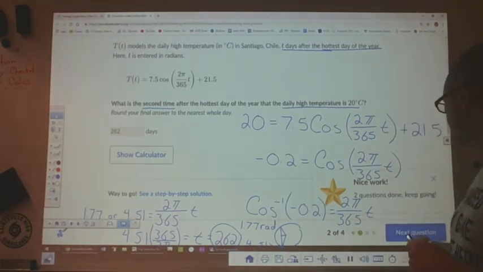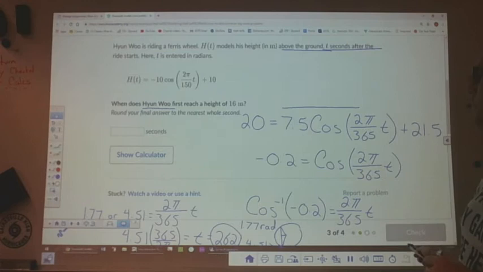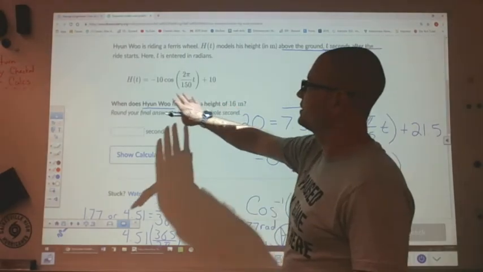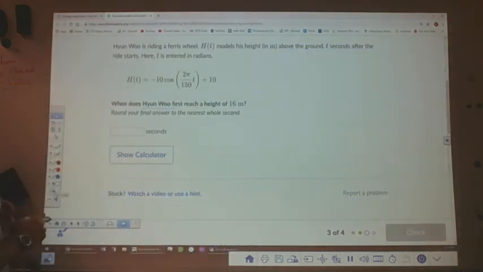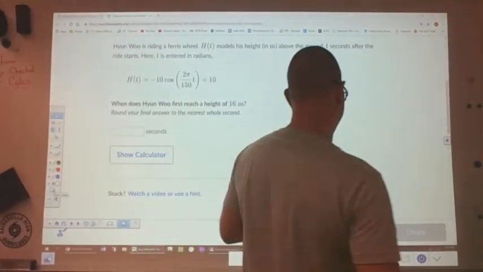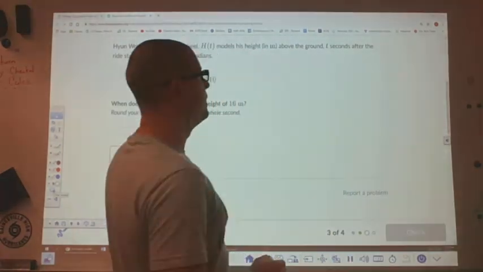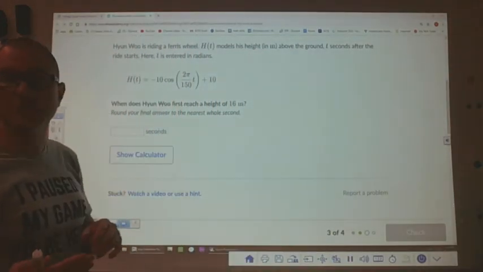So, t seconds after, when does one first reach a height of 16 meters? The same idea, you're going to set it equal to 16 and solve. So that one works the same way. Anyway, so that's the idea. It's isolate, resolve, and solve, set it up.